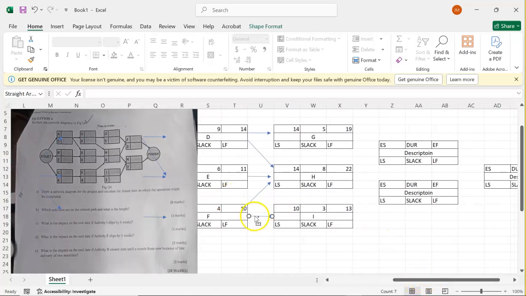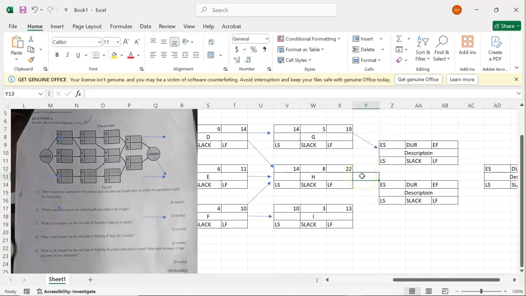So there, J starts when G is complete and H is complete. So we have those 2. When this project is complete, this one must start. Again, when that project is complete, this one must start.